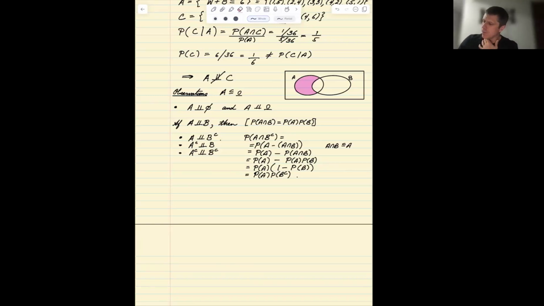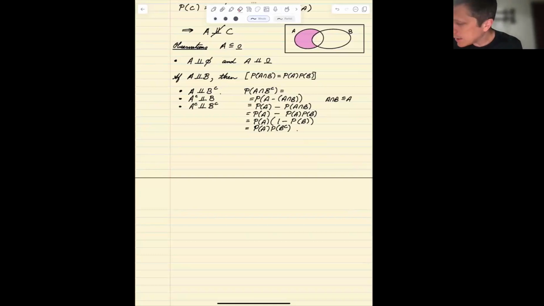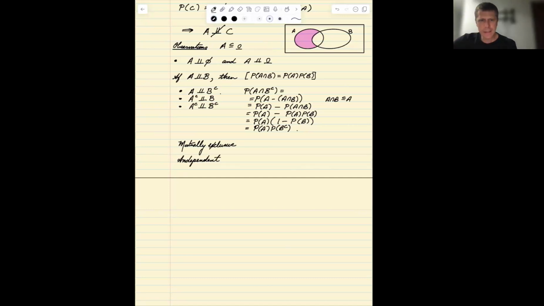One final observation of extreme importance: we have two concepts that we've talked about, mutually exclusive and independent. A and B are mutually exclusive if their intersection is the empty set, if they don't overlap.